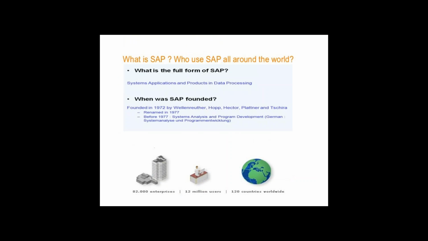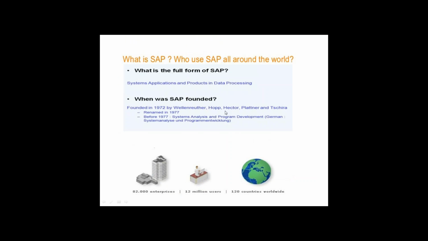So SAP stands for Systems, Applications and Products in Data Processing, which was founded in 1972 by five people: Hasso Plattner, Hopp, Hector, Wellenreuther, Tschira.